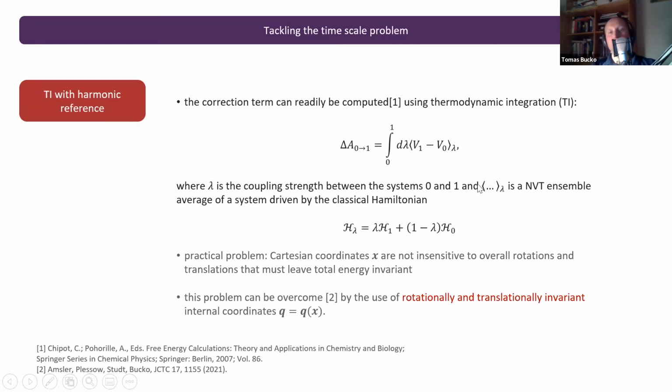The integrand is computed for different values of lambda, and this notation here means that the ensemble average is computed in molecular dynamics driven by some classical Hamiltonian that is expressed as a mixture of the fully interacting and harmonic Hamiltonians.